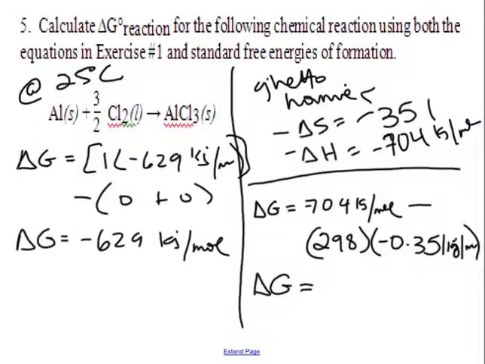I need you right now to go back to the table, and I'm getting a little irritated. Go back to the table on problem number 1 and recalculate the delta S for this reaction using Big Mama.